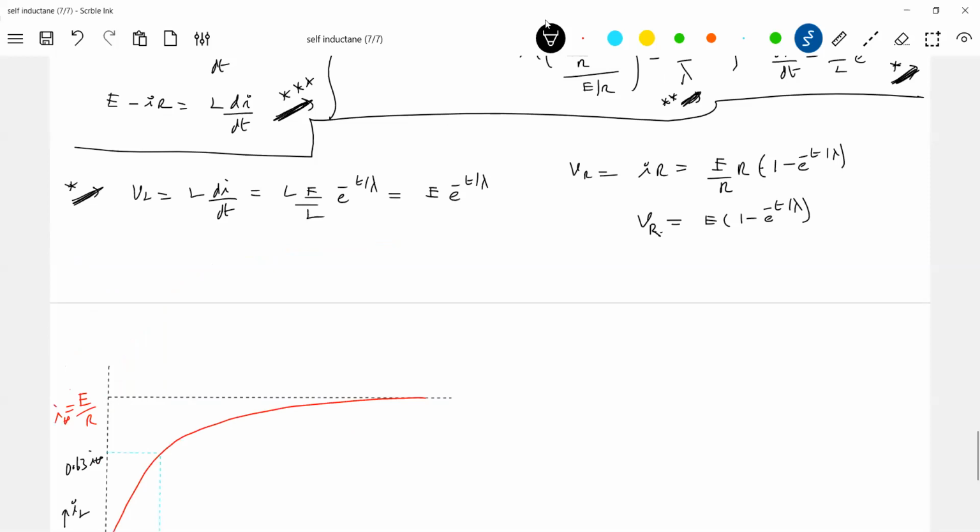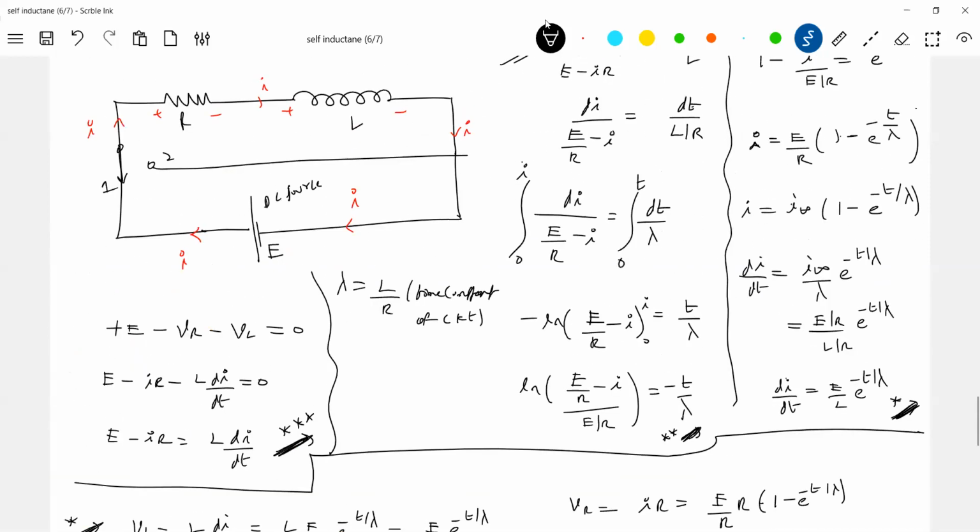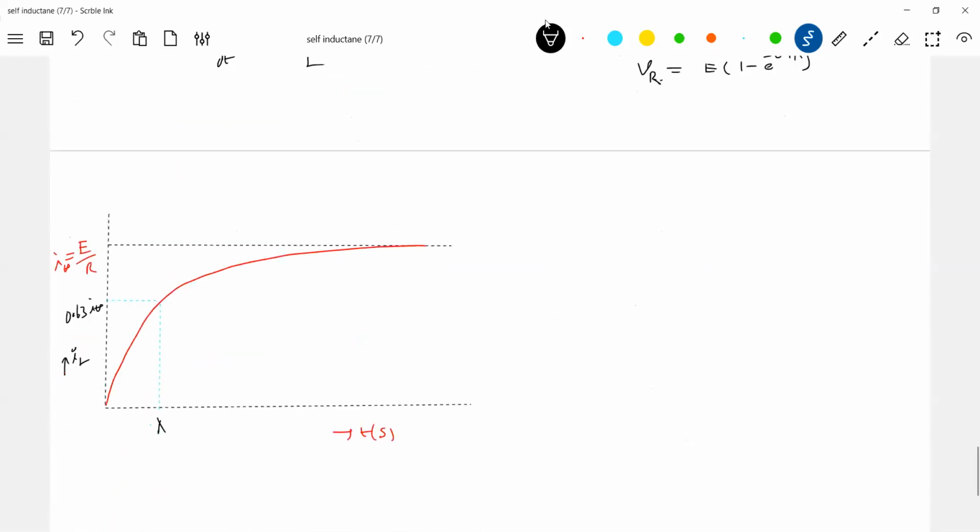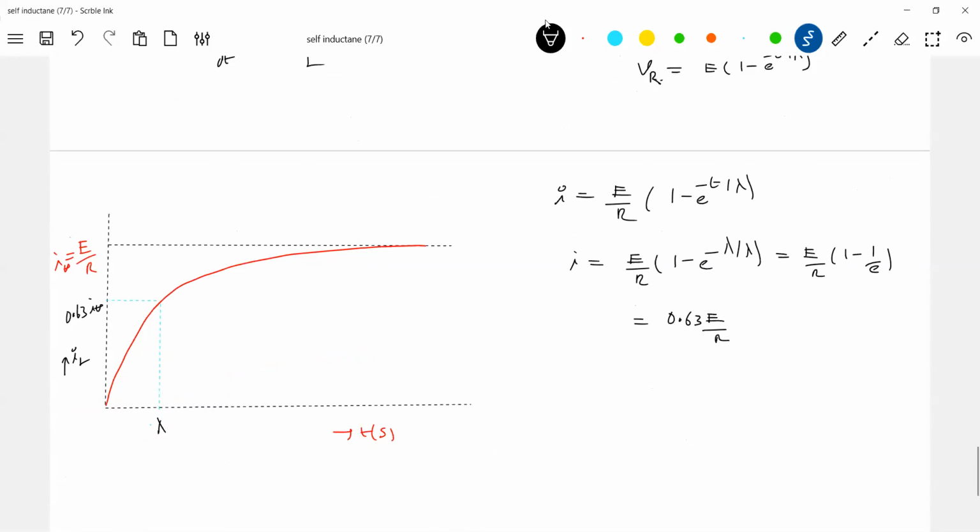So how do I obtain this? Take help of this equation. Put t equal to lambda: 1 minus 1 by e, where the value of e is 2.7. If you calculate, we end up with this. I'll derive all that here. We know this is the expression for current at any time, E by R into 1 minus e to the power of minus t by lambda, which will become 0.63 of E by R, or 0.63 of I infinity.